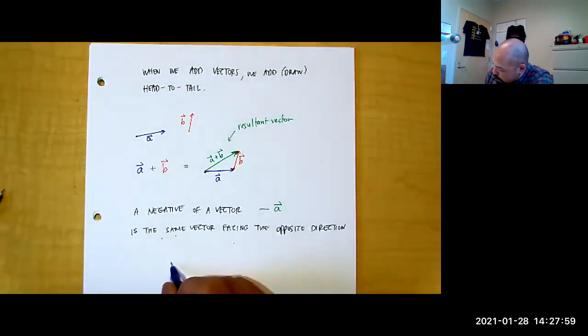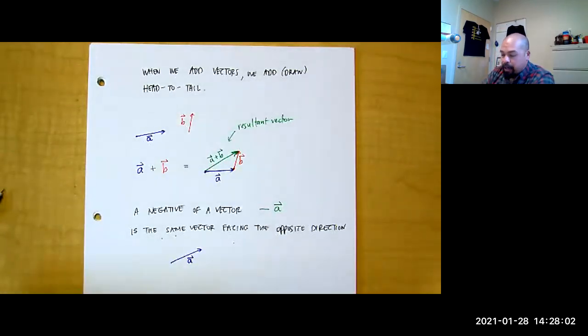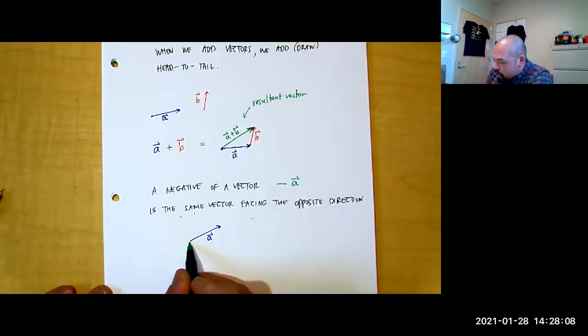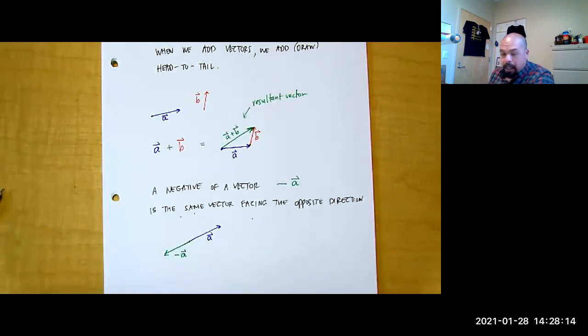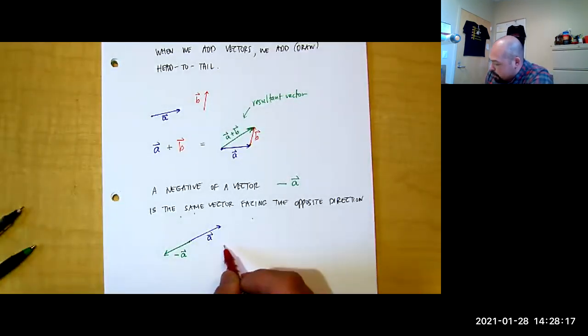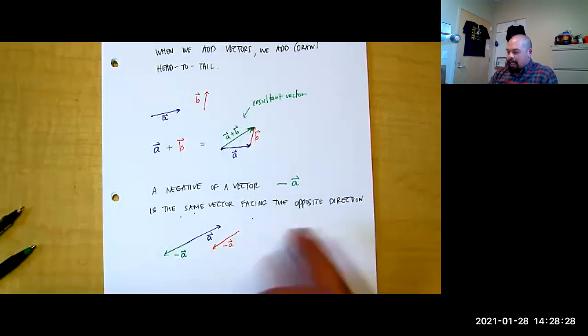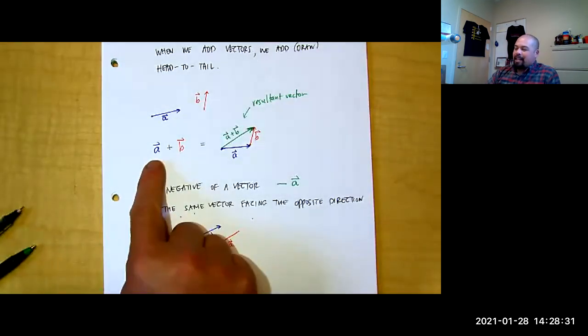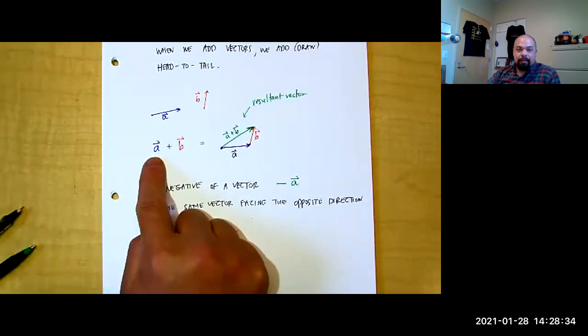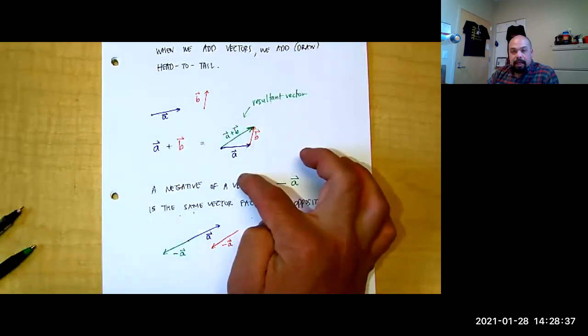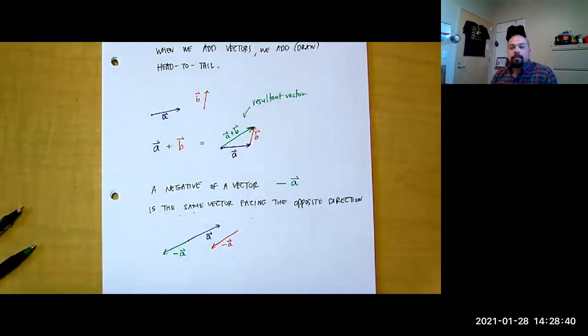So in that case, if we had, for instance, vector A here, a negative of that, whether you want to just imagine it on this other side, would be like so. Or likewise, it doesn't have to be. That vector can live anywhere. Basically, all we're doing is swapping, changing the head and tail. Okay? So same length, but just opposite in direction. As that comes in, if we're subtracting A minus B, the same thing as A plus a negative B, we'd be going downwards instead. And we can see those components. Okay?